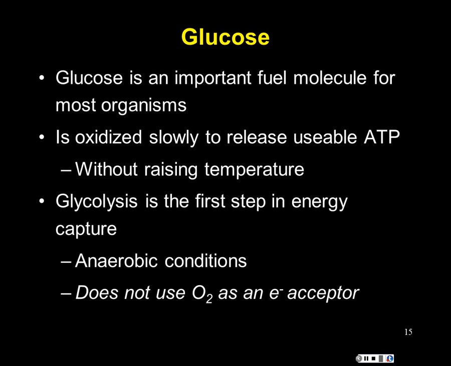It does not use oxygen, but hopefully oxygen is present. So even though oxygen is present, it's just not used in this pathway to do what? To accept what? Electrons. Oxygen does not accept electrons in this pathway.